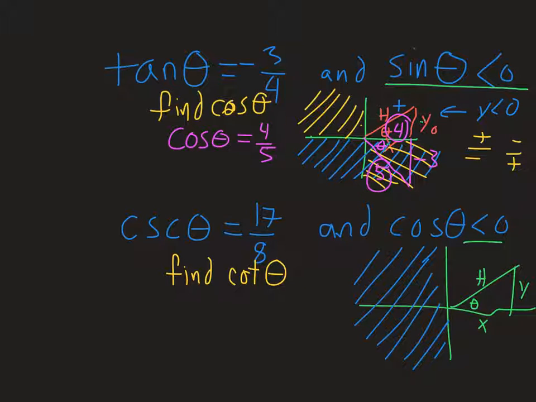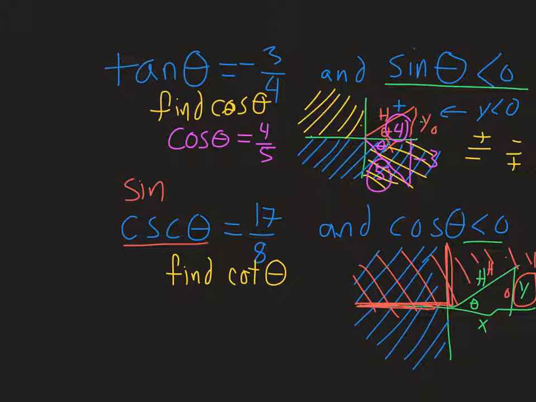Let's now take a look at the other piece of information. Cosecant is the reciprocal of sine, and we already said that sine had to do with the y values because it's opposite divided by hypotenuse. Cosecant would be hypotenuse divided by opposite, but we end up with the same positive and negative things. Here we have a positive value that can be positive anywhere in the first two quadrants. The overlap here is going to be in quadrant 2.